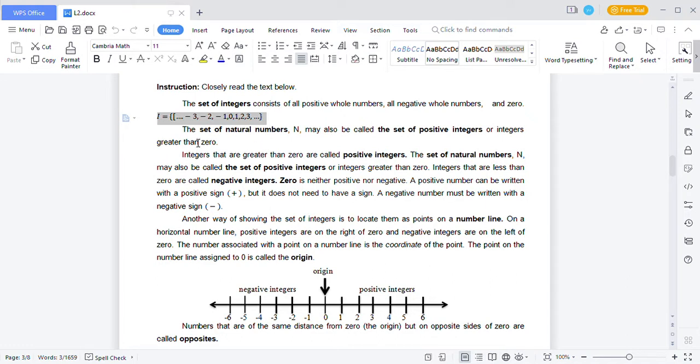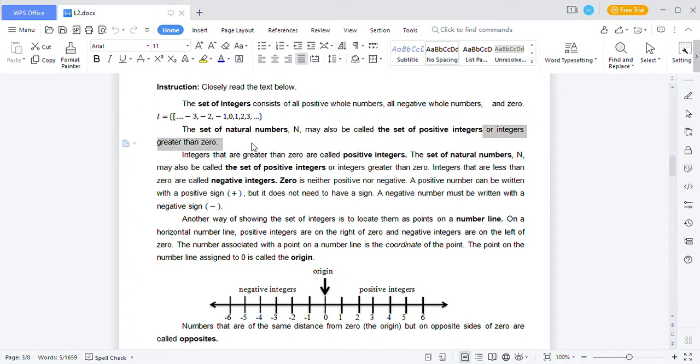Now we have the set of natural numbers. When we say the set of natural numbers, if we have a big letter N there, that may also be called the set of positive integers. So the natural numbers we can also call as part of the set of integers, but only the positive integers, or the integers greater than 0.